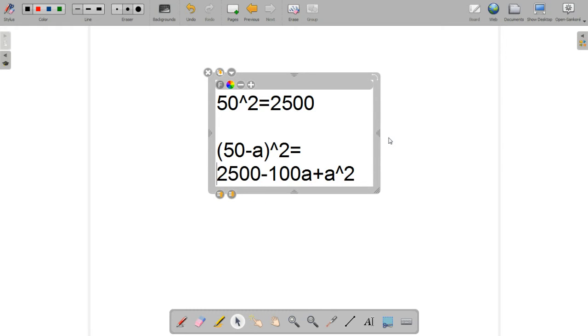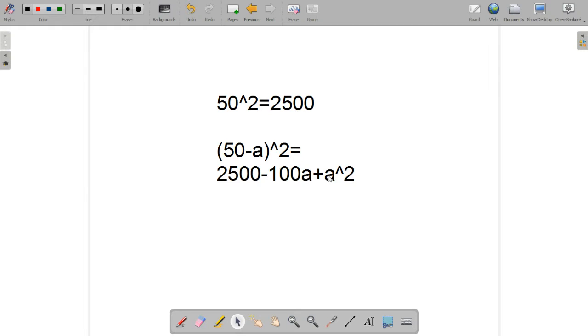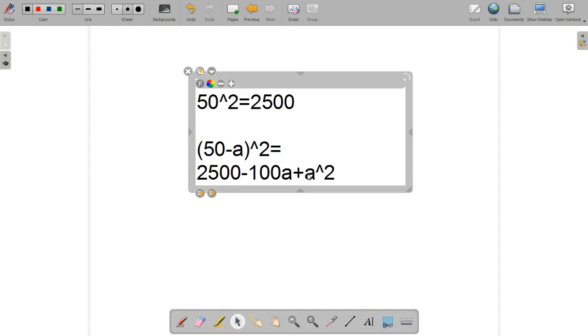Looks a bit complicated, you might think, but it's not. This is basically saying that for every a that's away from 50, you're going to take away another 100 from this. And then you get the distance and you square it.